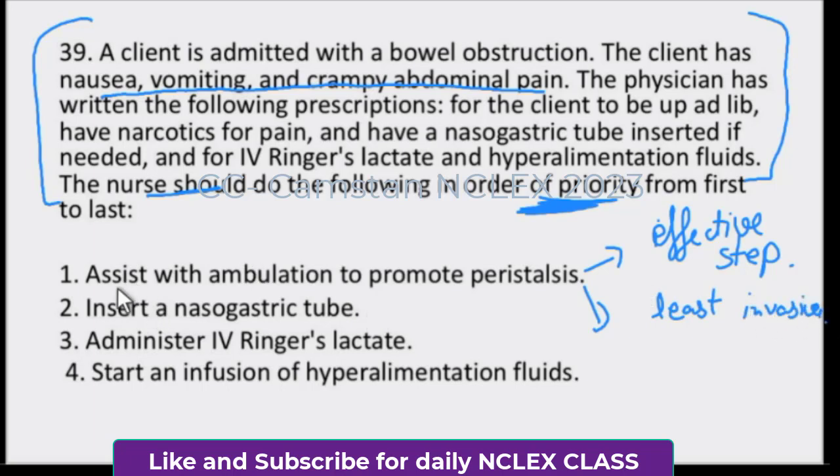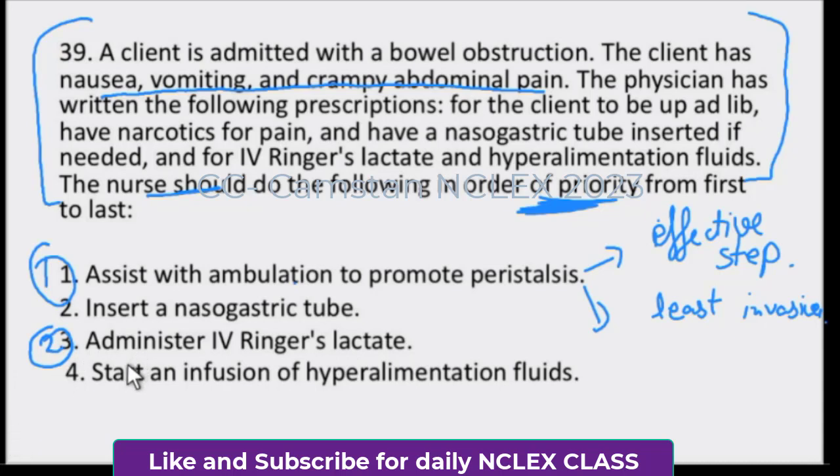So the nurse should assist with ambulation to promote peristalsis. It is the first priority. Second, after this, the nurse should initiate IV fluid therapy using Ringer's lactate to correct the fluid and electrolyte imbalance in the client. So this is the next priority.